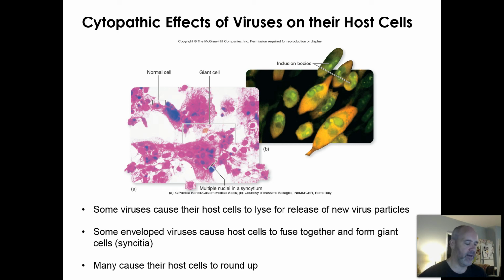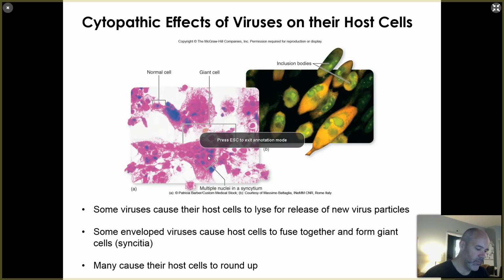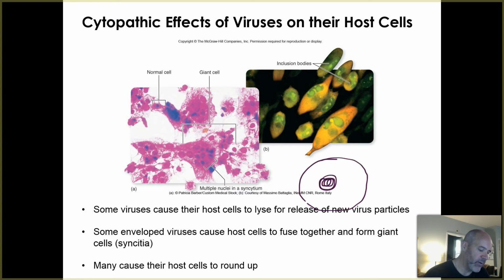And the reason they do that is because of budding. If you've got a host cell here, and a virus there that's budding, that budding virus can attach to a new host cell over here that's adjacent.